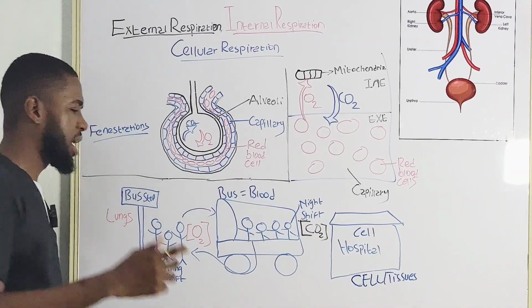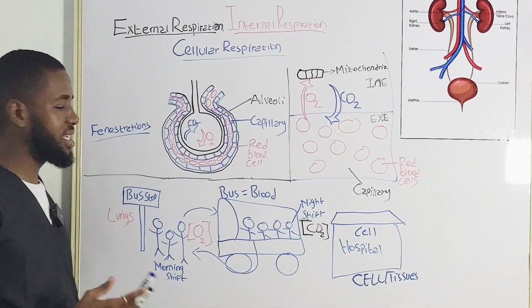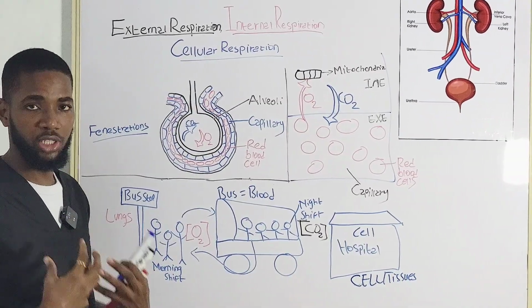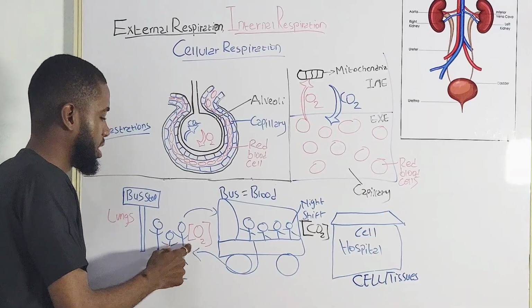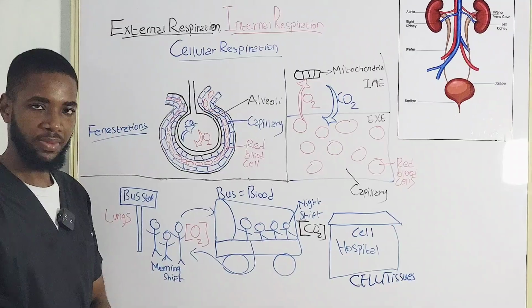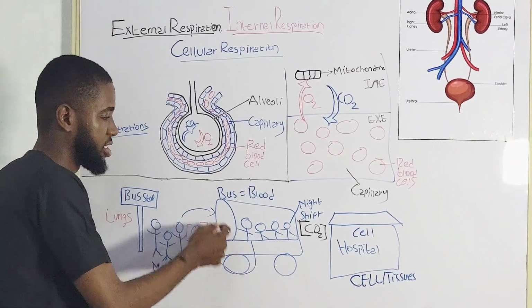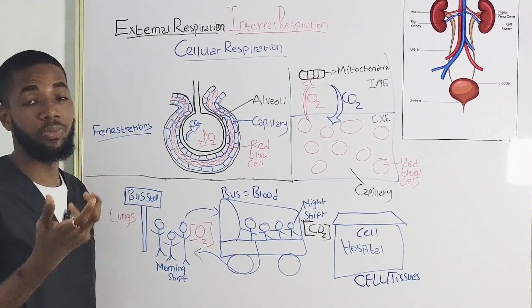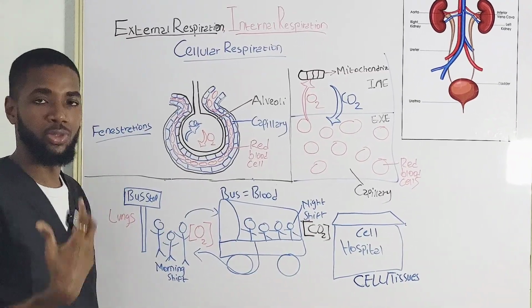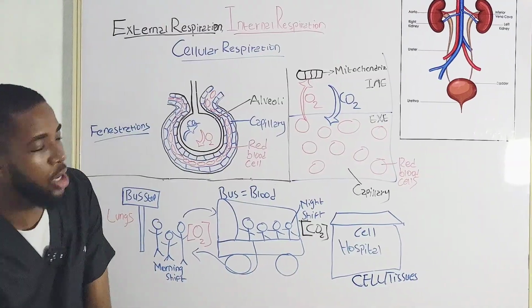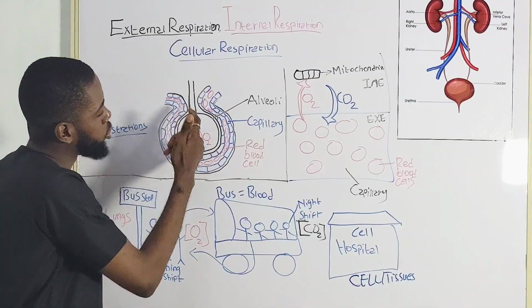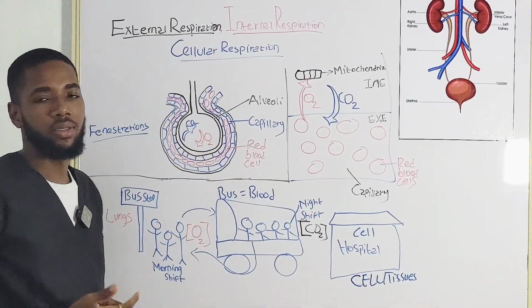Walk with me. Using our illustration, just like you are on a morning shift, I want CO2 here, oxygen. You are oxygen waiting in the lungs. For what? Blood, which is representing this bus, to carry oxygen. You're waiting for CO2 to come, so that this red blood cell carrying CO2 will drop it into the alveoli.